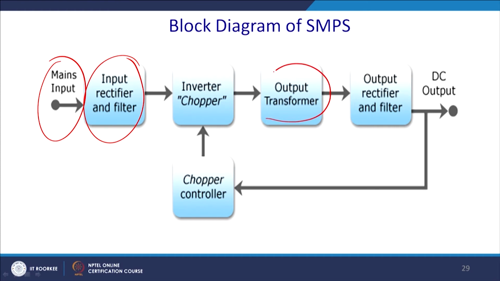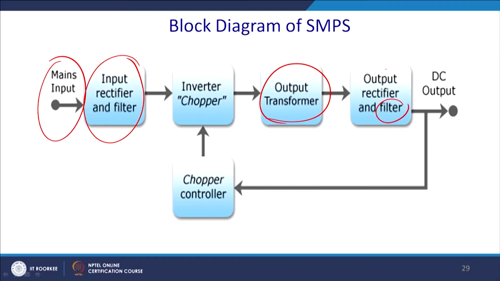Thereafter, you have a transformer, that is a high frequency transformer, then you have filters to filter out the ripples and make it DC. Before that there will be a rectifier, and generally we use a different kind of rectification called synchronous rectification, because the RDS(on) of the MOSFET is quite low compared to the diode drop.